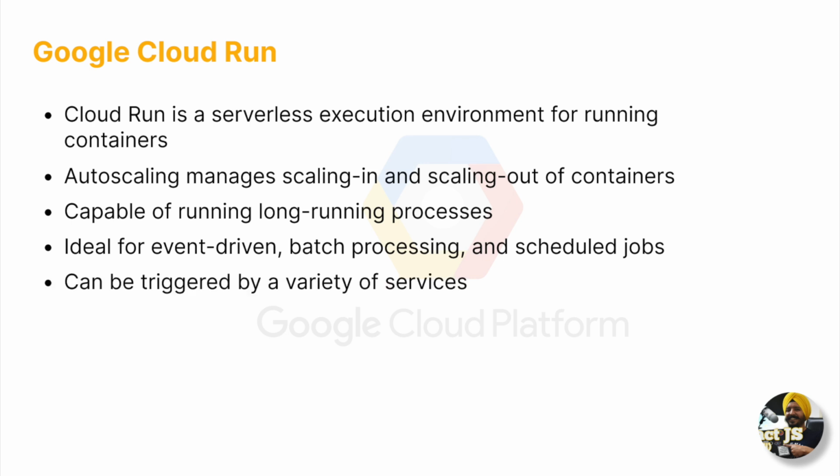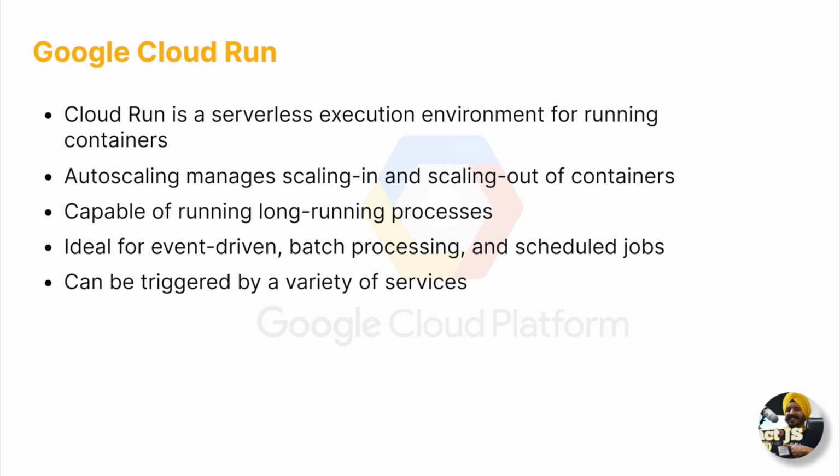It can be triggered by a variety of services like Cloud Storage is one, Pub/Sub is another, and there are multiple other services that can trigger Cloud Run. For example, when you want to process images the way I explained with Cloud Storage, or you want to expose a webhook, you can do any of those, and it can be triggered by various events within the GCP context.